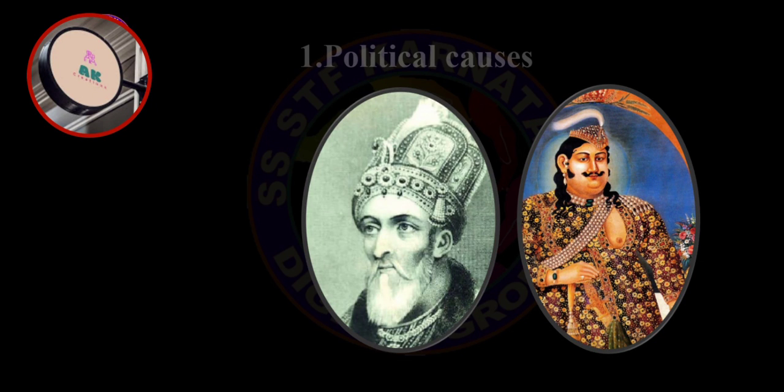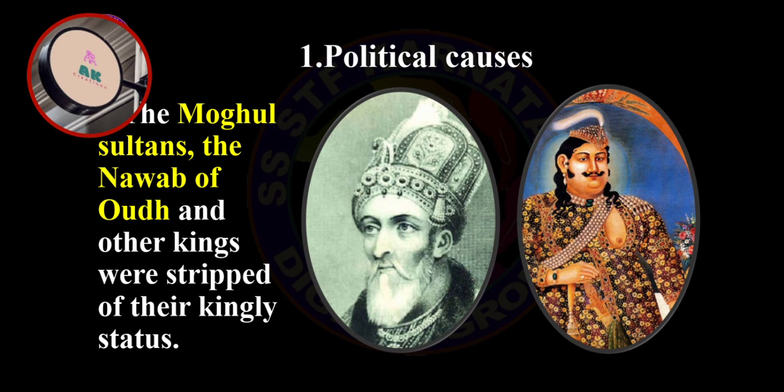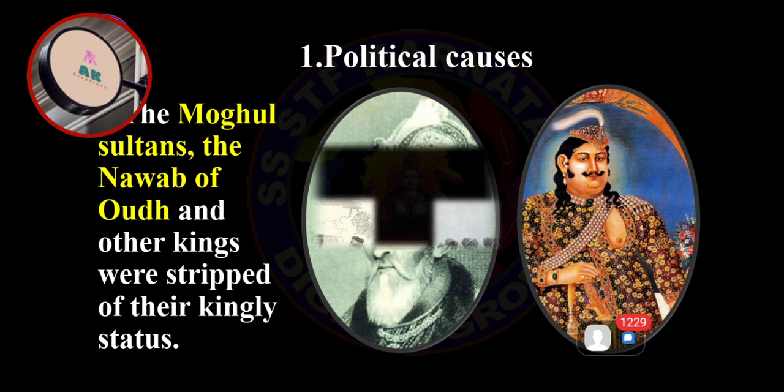The Mughal Sultans, the Nawab of Oudh and other kings were stripped of their kingly status. Because of the doctrine of lapse, many rulers of India started losing their identity. So this is one cause.